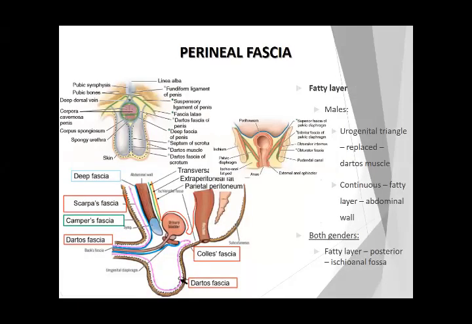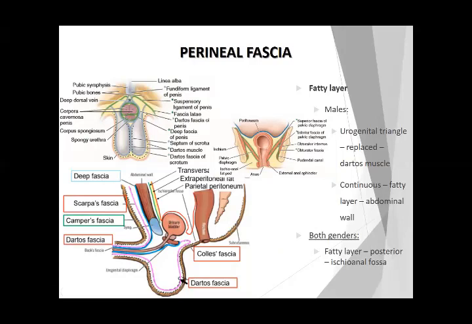What happens in the males? It is a little tricky in the males. In the males, please follow this yellow line, the sawtooth appearance of this yellow line. Okay? Now, in the males, you don't have this fatty layer.